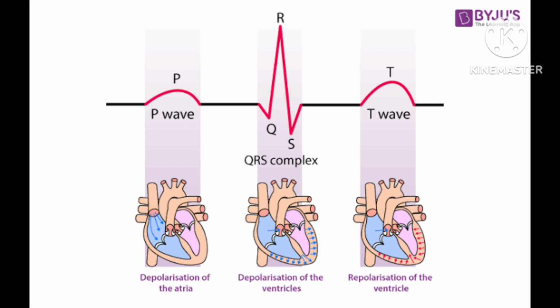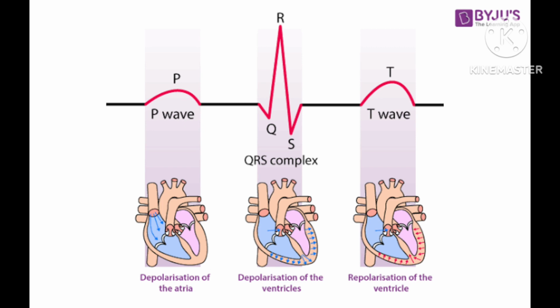Nowadays, a modern electrocardiograph may also be connected to an oscillograph. What is an oscillograph? An oscillograph is an instrument that displays the current on a screen. Directly we can see all the things on a screen by the use of an oscillograph.